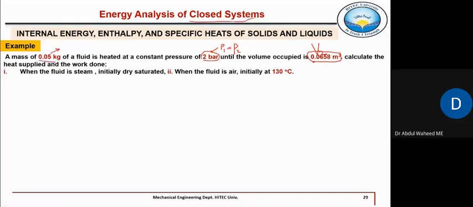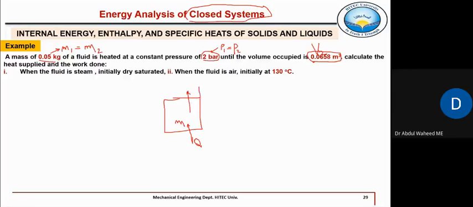And that is the mass. So we are studying closed systems, that's why mass will be a constant. So M1 is also equal to M2. Calculate the heat supplied and work done during this process in which fluid is heated at constant pressure. Its volume is changed to this volume. So, for example, some closed mass M is heated at constant pressure, so it can expand.